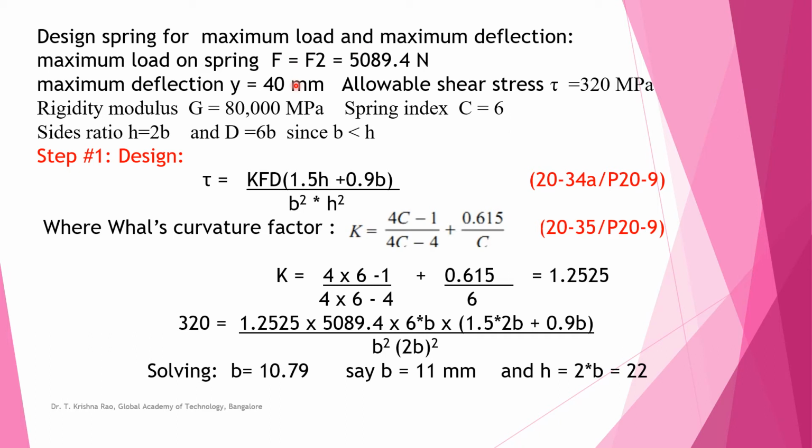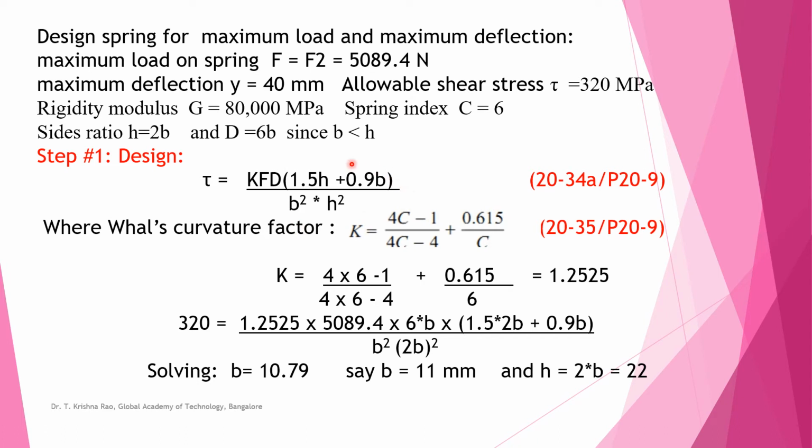Now we have to design the spring for maximum load and maximum deflection. Maximum load on the spring is F2, maximum deflection is Y2, which is Y, allowable shear stress given in the problem, G is given, spring index is given, and please remember D is 6 into B, not 6 into H, because B is small here.